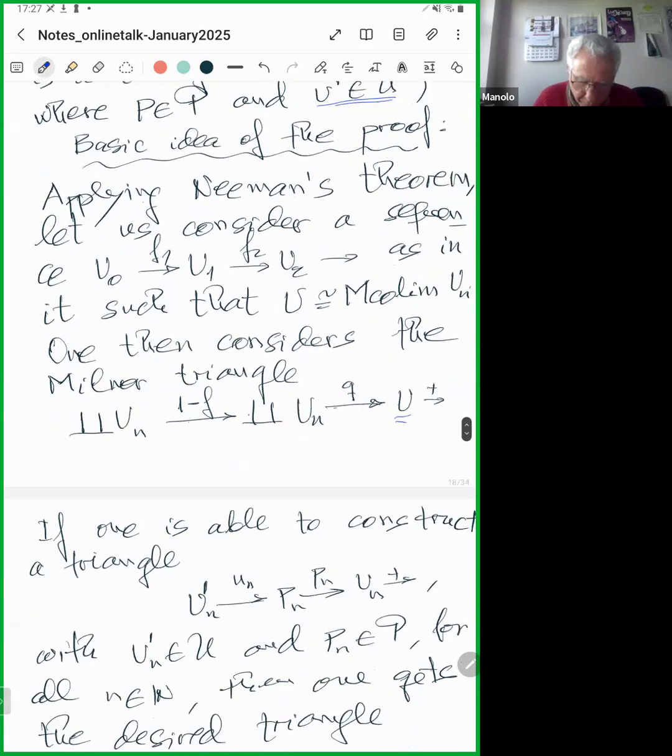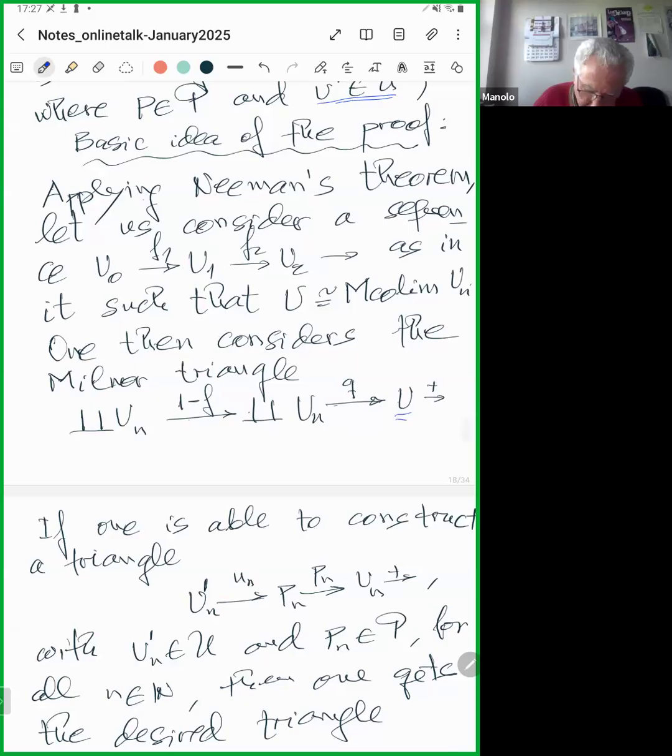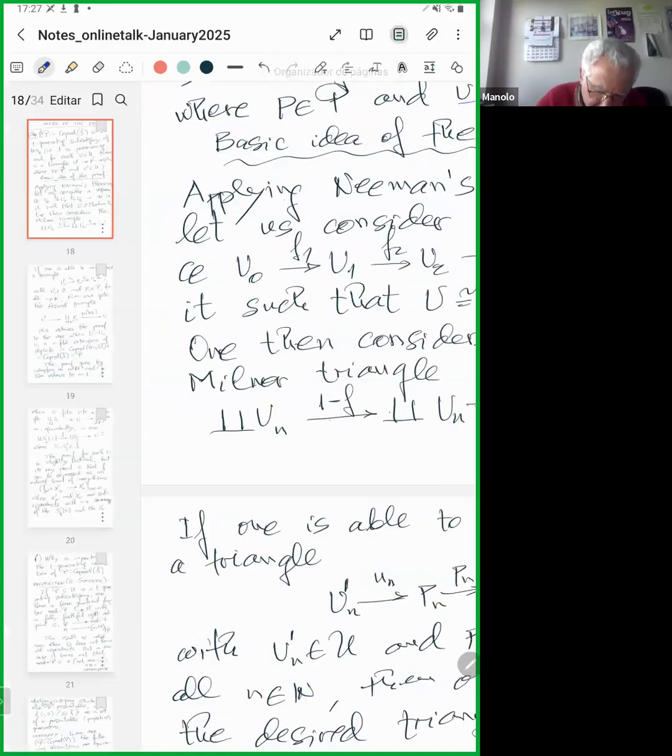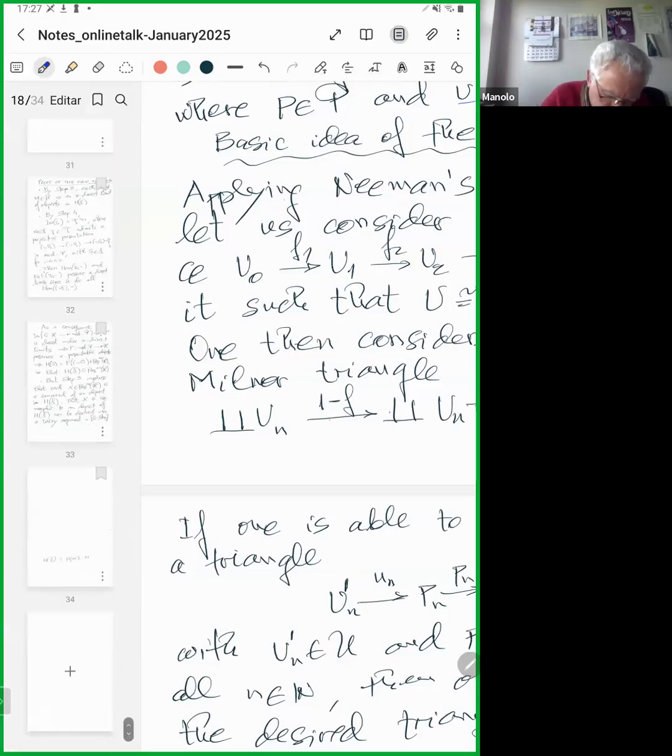If you are able to construct, for each U_n, the desired triangle, so a morphism from some object in P whose cocone is in U, then you can guarantee the existence of the desired triangle for U. I explain this in a moment.